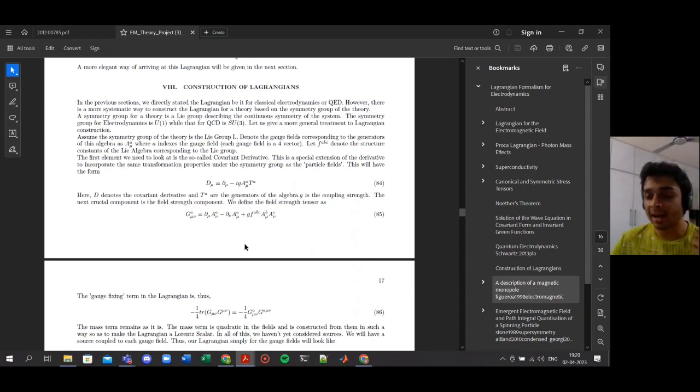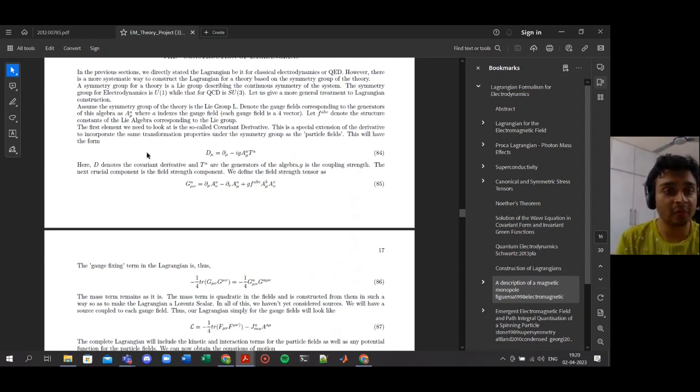Non-linearities can be added as non-linear terms higher than quadratic in the fields themselves, as you will see later on as well. But this describes the simplest example of constructing a Lagrangian given the symmetry group: constructing the quadratic Lagrangian.